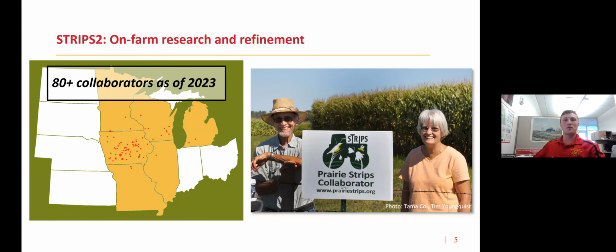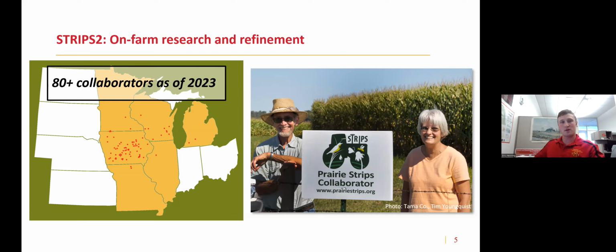So fast forward, building off of the momentum that the phase 1 portion of the project established, STRIPS moved into phase 2, which is on-farm research and refinement. So this would be monitoring and researching strips that have been implemented on fully operational farms across Iowa and the region.